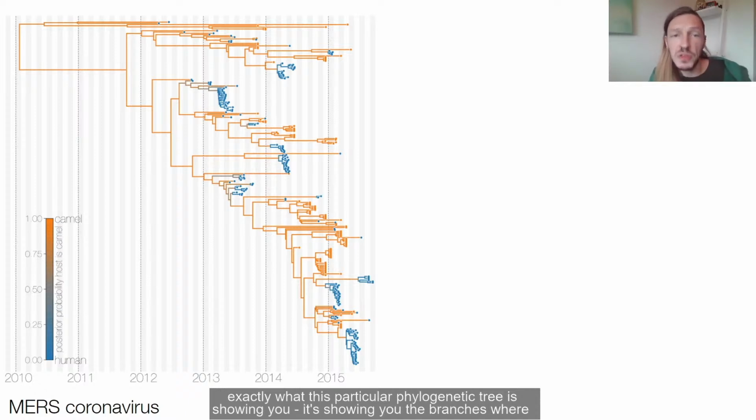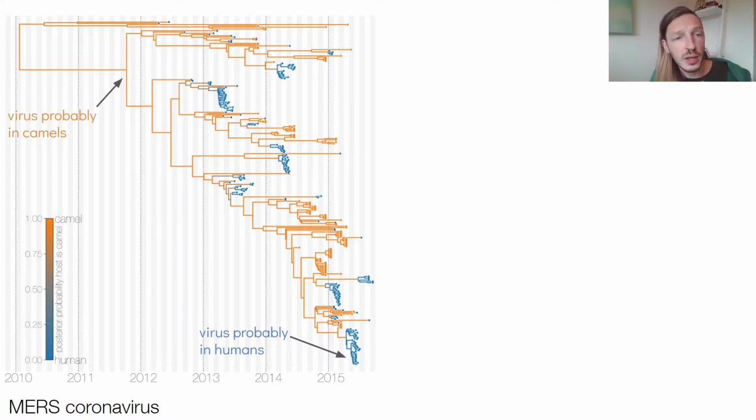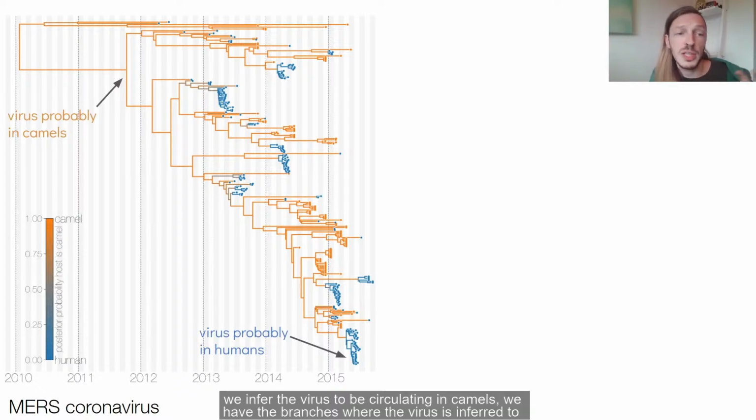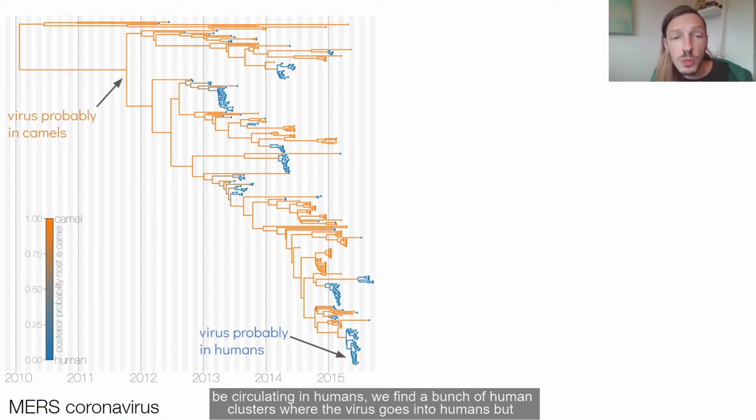this is exactly what this particular phylogenetic tree is showing you. It's showing you the branches where we infer the virus to be circulating in camels. We have the branches where the virus is inferred to be circulating in humans. We find a bunch of human clusters where the virus goes into humans but doesn't really jump back out.